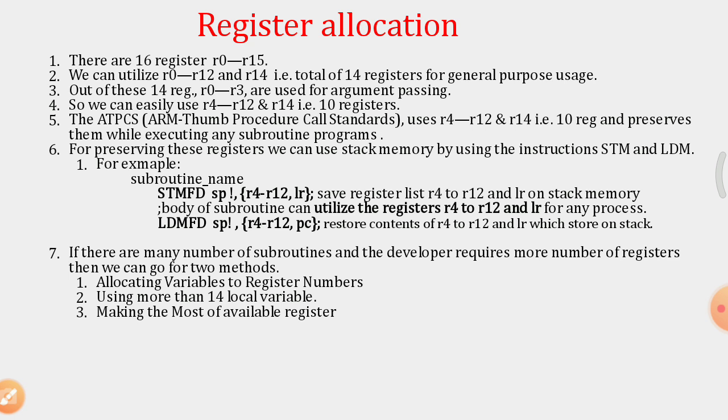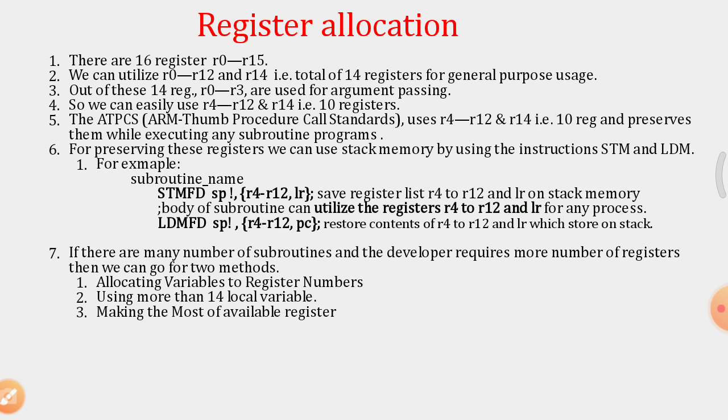After completion of the subroutine function, whenever the processor wants to jump from the subroutine back to the main program, it has to get back the data which has been stored on the stack memory. For that purpose, we write LDM FD SP!, R4 to R12, PC.